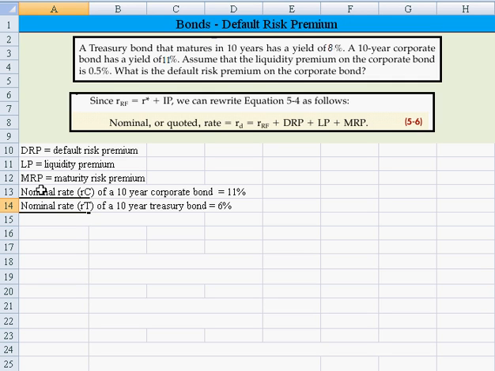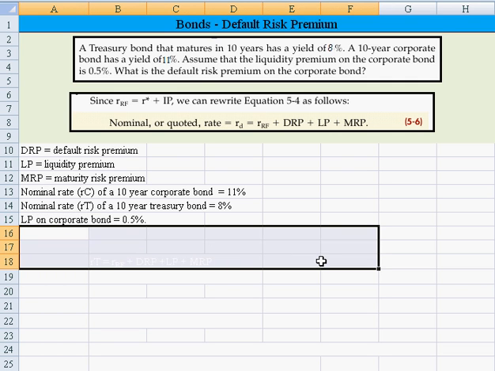And the nominal rate of the 10-year Treasury bond is given as 8% in this problem. We also know that the liquidity premium on the corporate bond is equal to 0.5%.